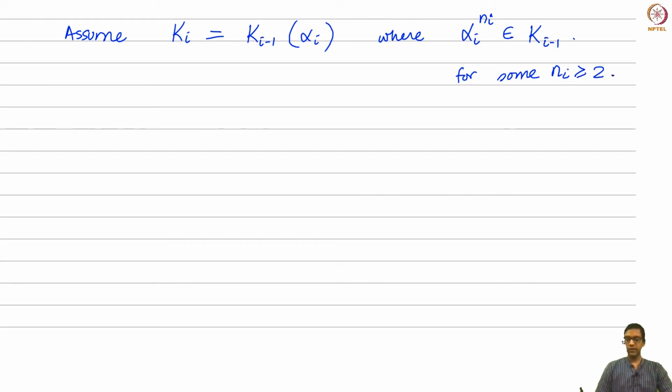So you get each successive step by adjoining some nth root of an element of the previous field to that field. Okay, so suppose this is the case. So I have these numbers ni, I know all of them, so I will just take their product.